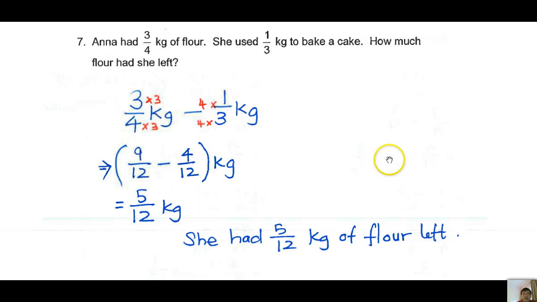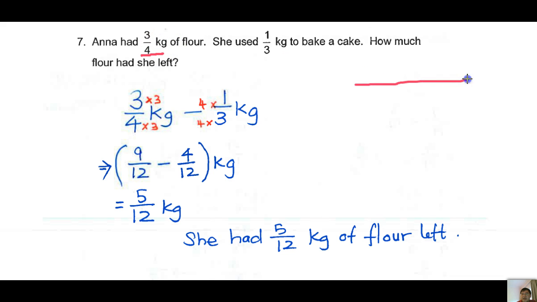Okay, let's continue. Now this one. What you need to learn is this: we deal with fractions within a unit. Now for this, it is a fraction within 1 kg, right?